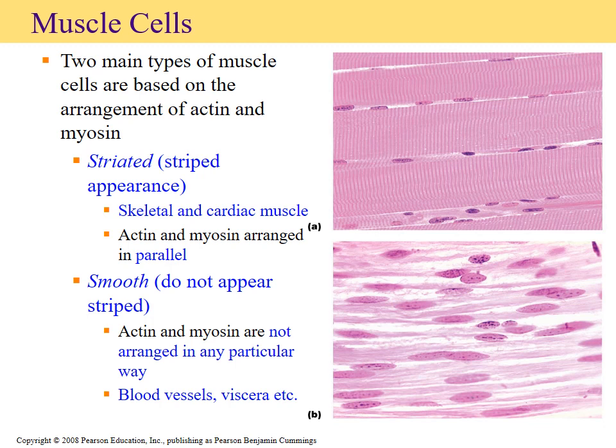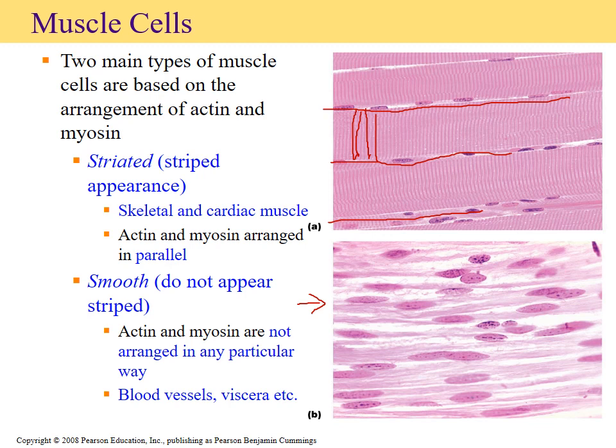Striated means that when I look at my individual muscle fibers, I'll see these perpendicular lines running in a very organized format. Non-striated means that I'll still see my muscle fibers, but there are no perpendicular lines running through them.